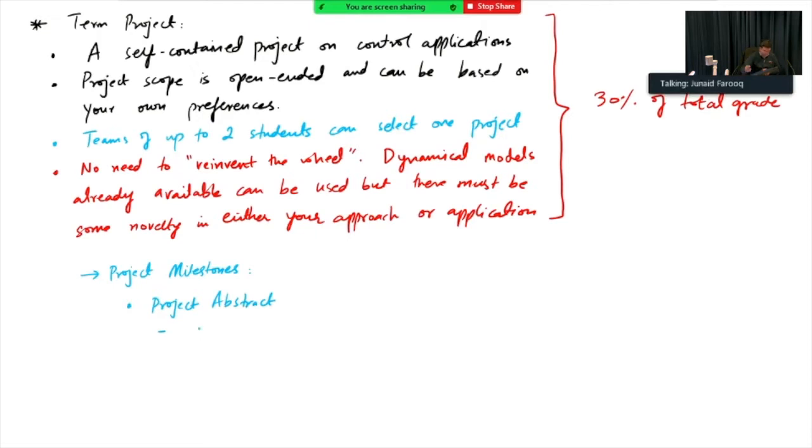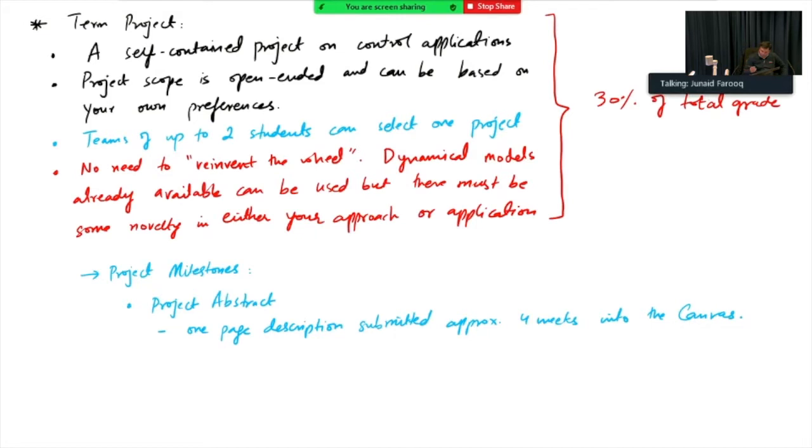It is a description submitted approximately 4 weeks into the course. I will put a submission link on Canvas, which allows you to upload this.